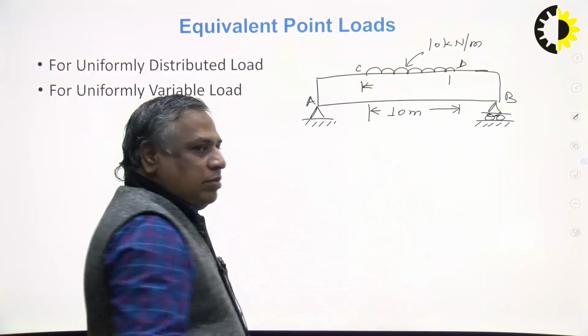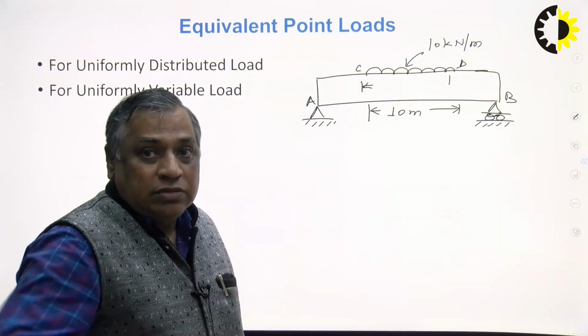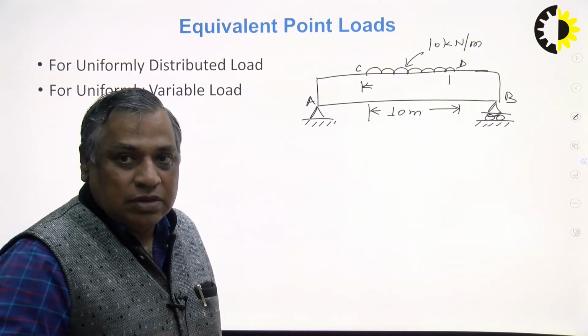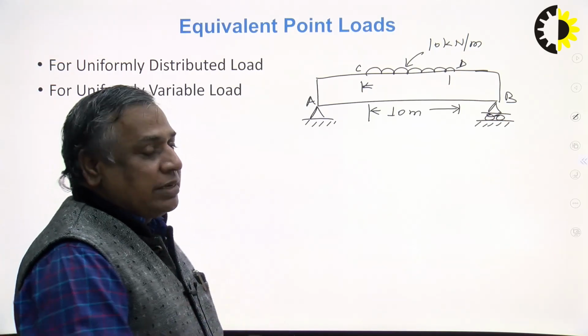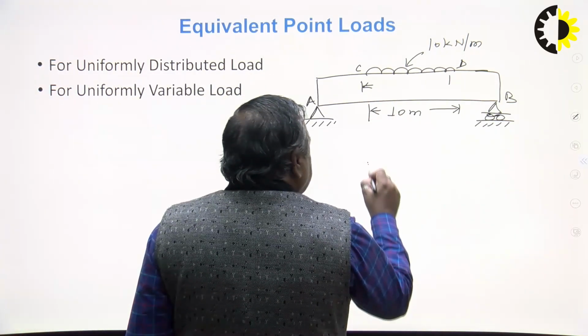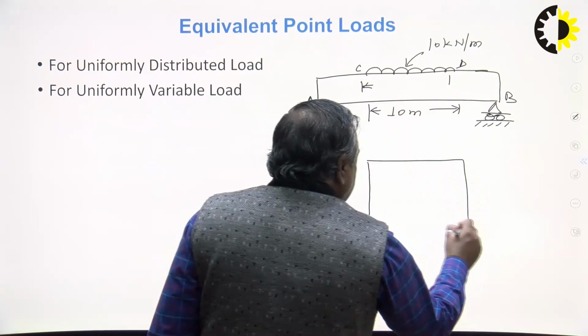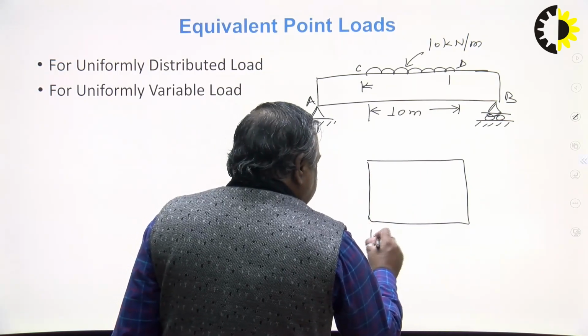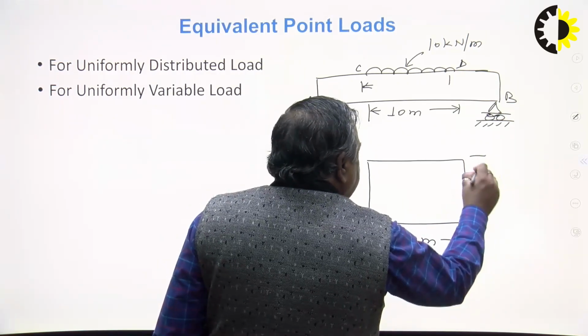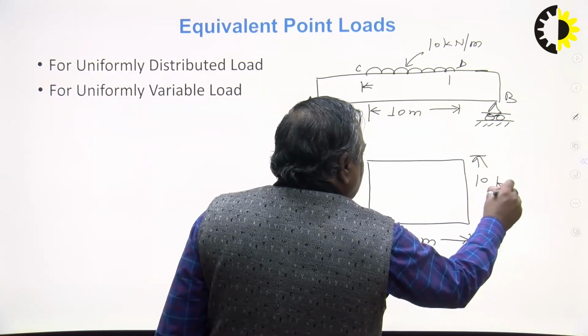So height is 10, length is 10, it will become a square. That's why I made this separate second figure. So it may be rectangle or it may be square. So the shape has span length, that is 10 meters, and this is intensity, that is 10 kilonewton per meter.